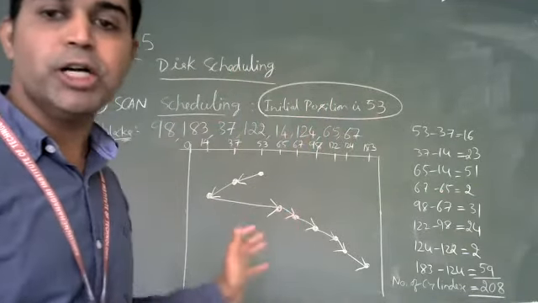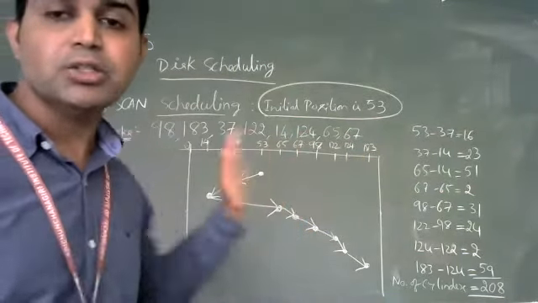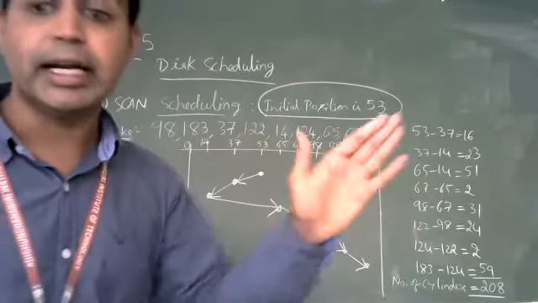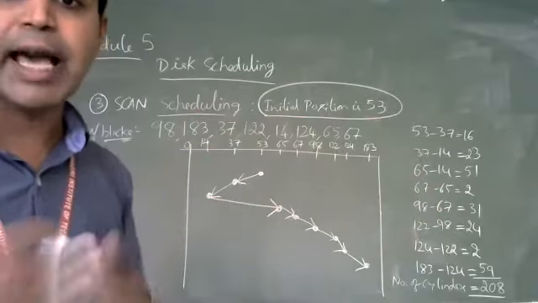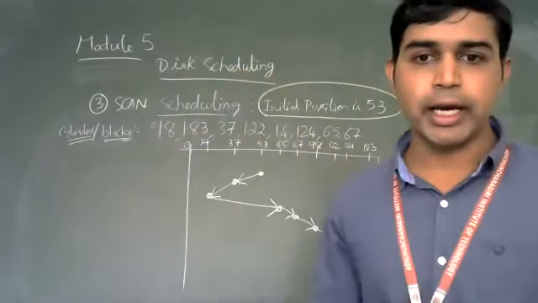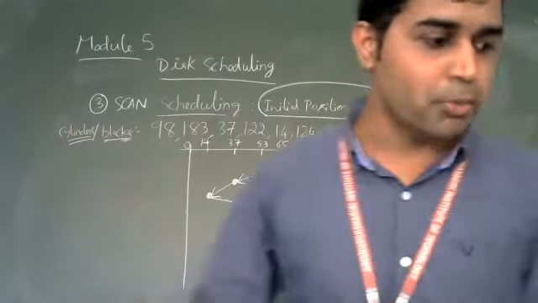Then when it is moving to the other side of the disk, the cylinders it gets will be traveled. That's how the scan scheduling algorithm works. Any one side you want, you can take, either the left side or the right side, not a problem.